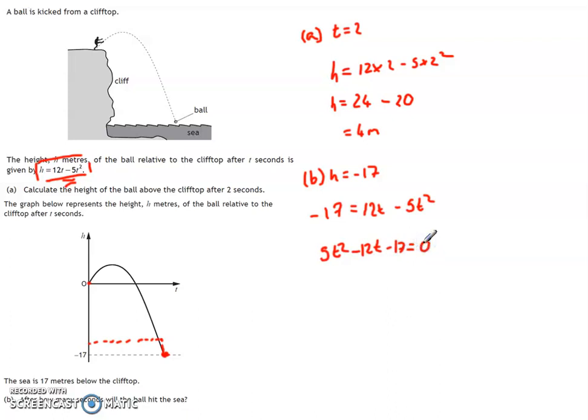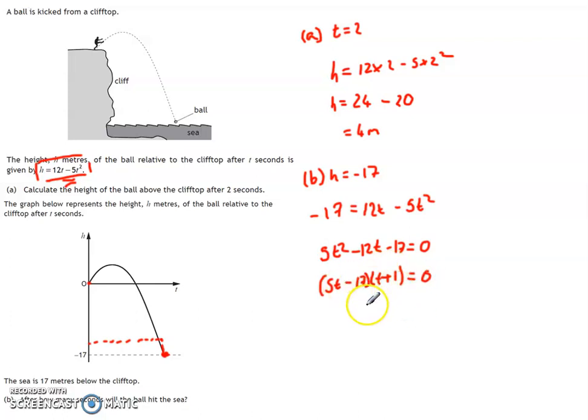Now there's two ways to solve a quadratic at this point when it equals 0. We can either use the quadratic formula, or we can factorize. Now given that this is a non-calculator paper, we should be able to factorize this relatively easily. And in this case, when we factorize it, what we end up with is 5t minus 17, t plus 1, and that equals 0.